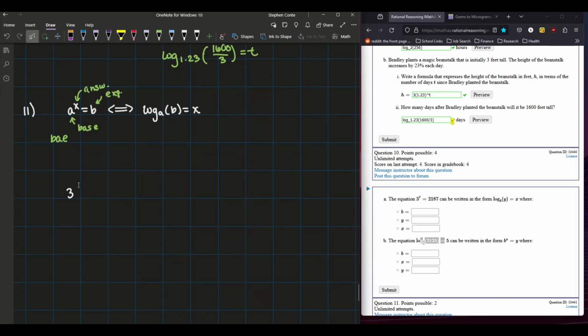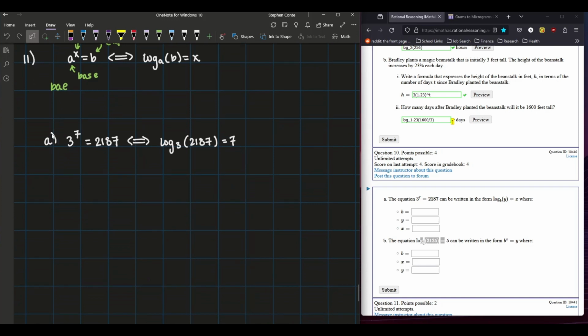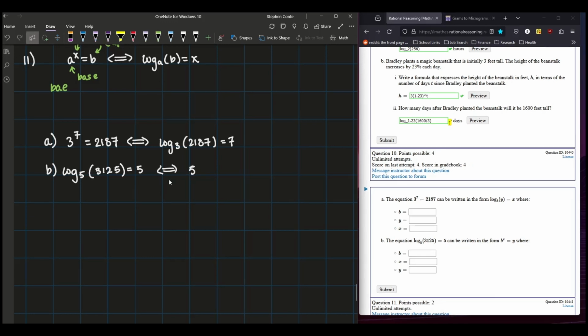Okay, so then 3 to the 7th equals 2,187 is actually log base 3 of 2,187 equals 7. And similarly, that means that log base 5 of 3,125 equals 5 can be written in the form 5 to the 5th is equal to 3,125.